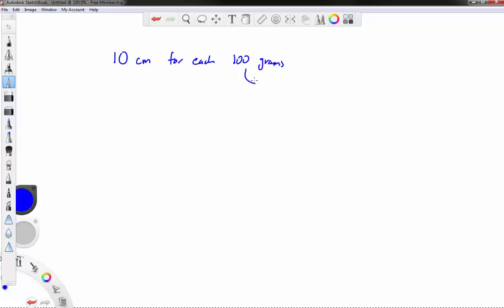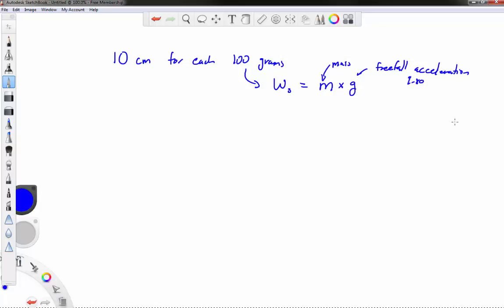So this right here we need to convert into a weight, and that is basically the mass times the gravitational acceleration. So this is mass, this is free fall acceleration, which is actually just 9.80 meters per second squared.